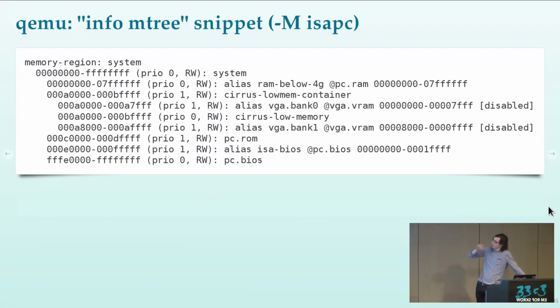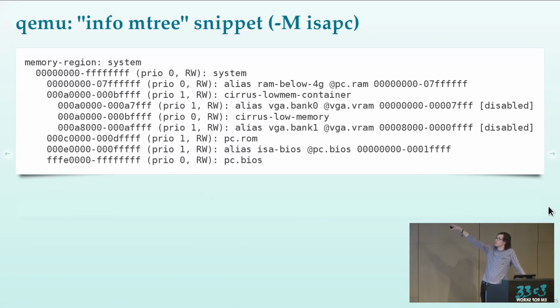And you can see what is visible right now is this one, because the other regions are disabled. And you can program the VGA bank registers to map some memory of the VGA memory into those two places.